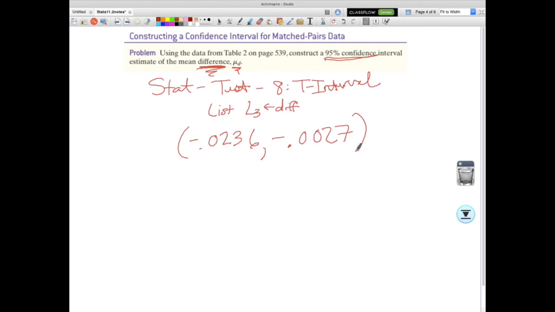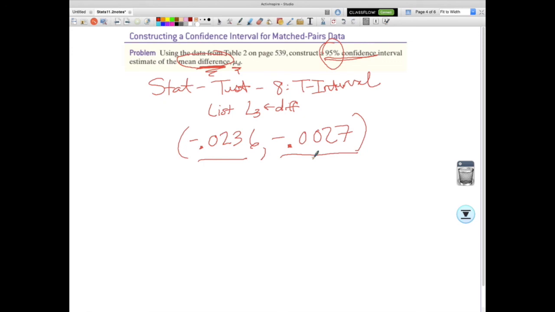So if we were to write our interpretation of this, okay, not just calculate it, but to actually interpret it, we would say something like, I am 95% confident that the mean difference, okay, so the average difference between the dominant and non-dominant hand reaction time is between negative 0.0236 and negative 0.0027 seconds, okay? So I'm saying that interval, I'm saying that I'm confident that that difference is between those two numbers.